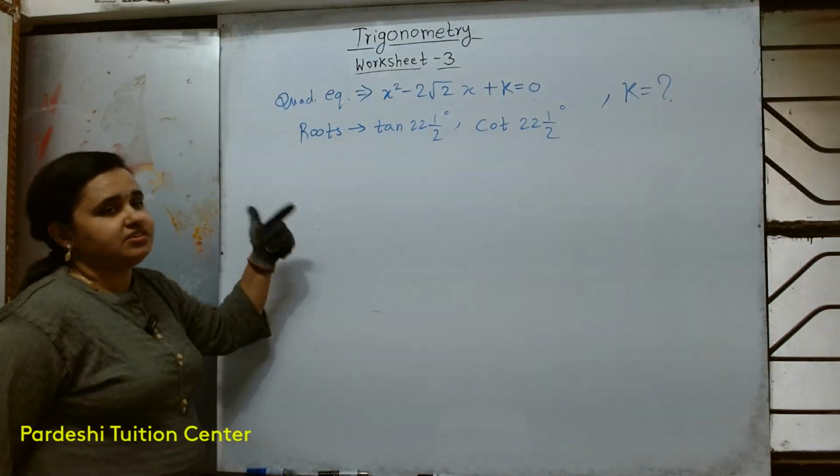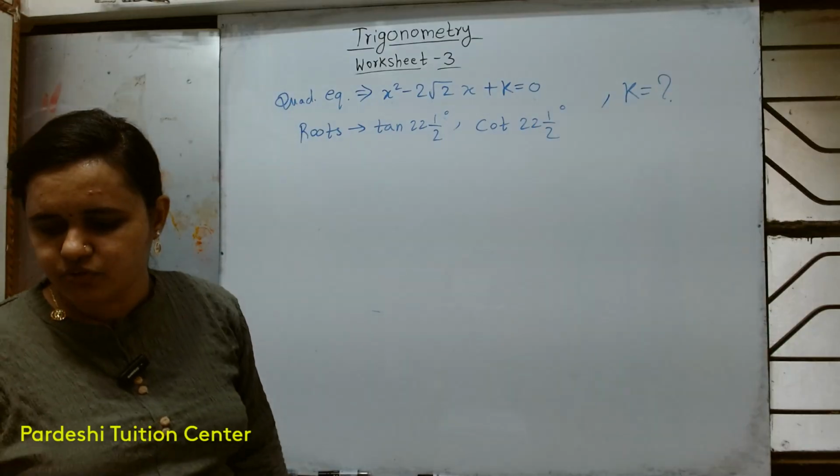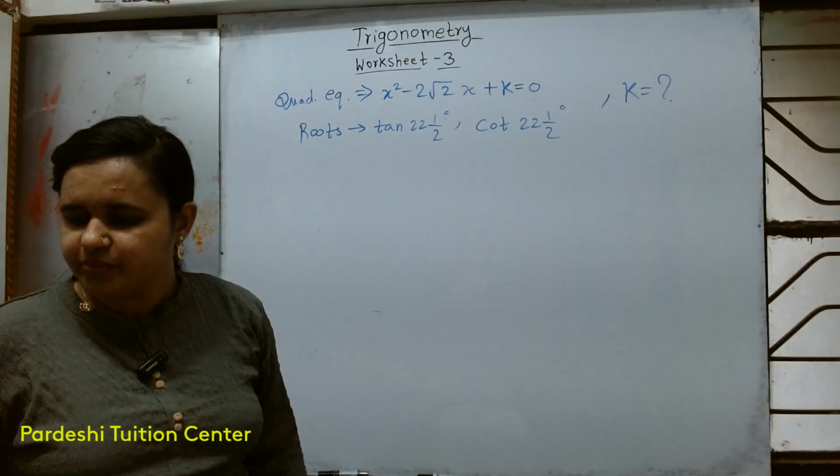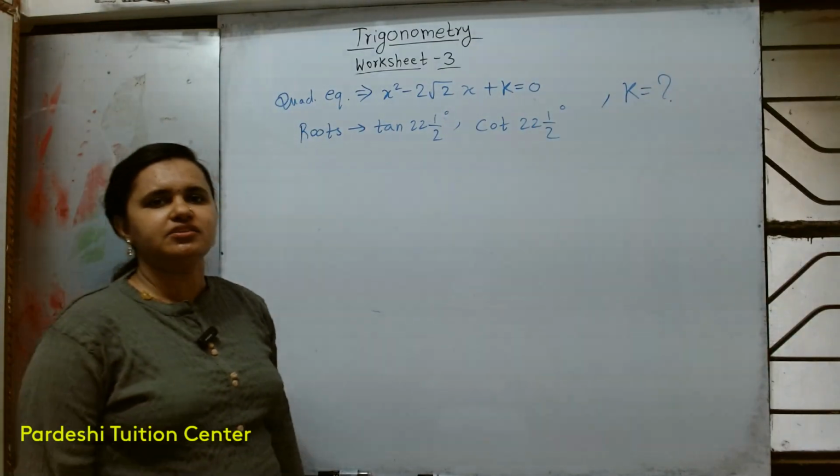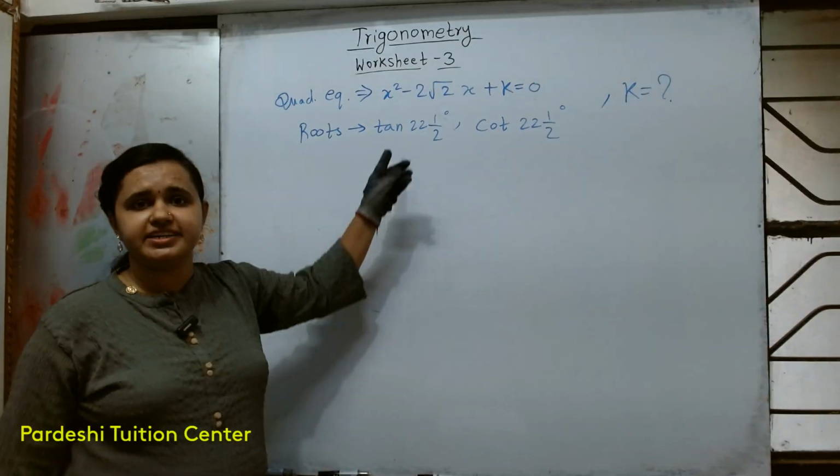So we have just taken the question. If alpha and beta are roots of a quadratic equation, then what is the quadratic equation?